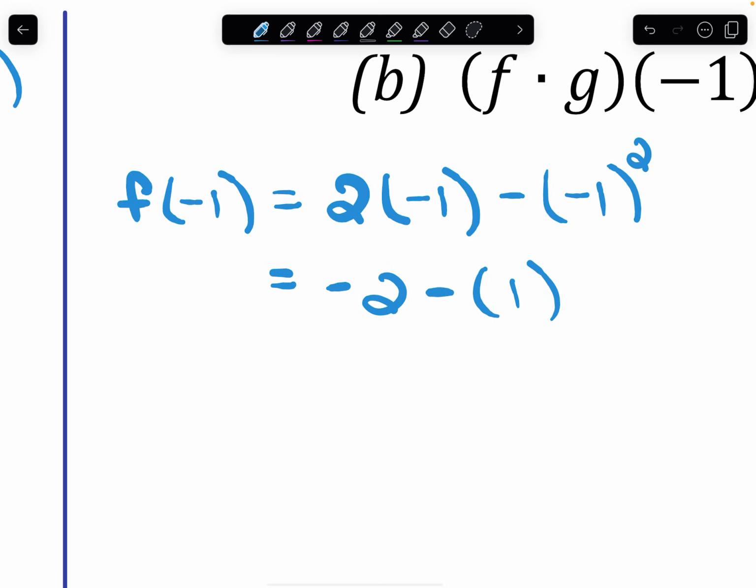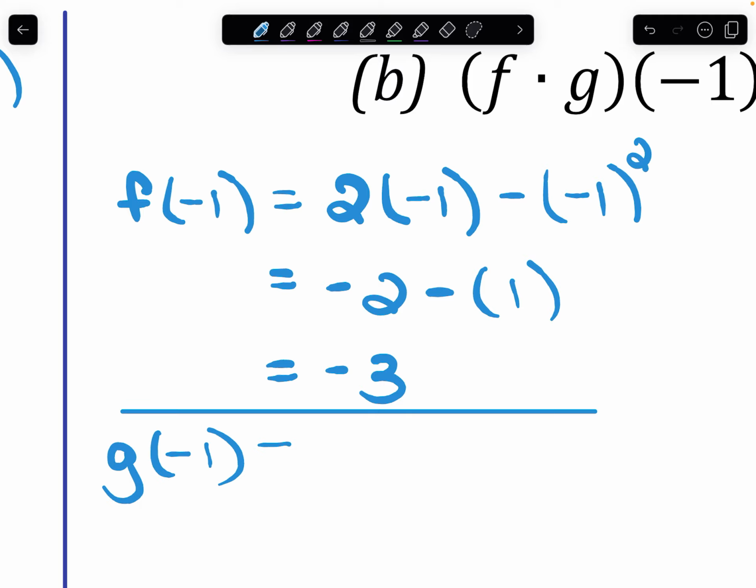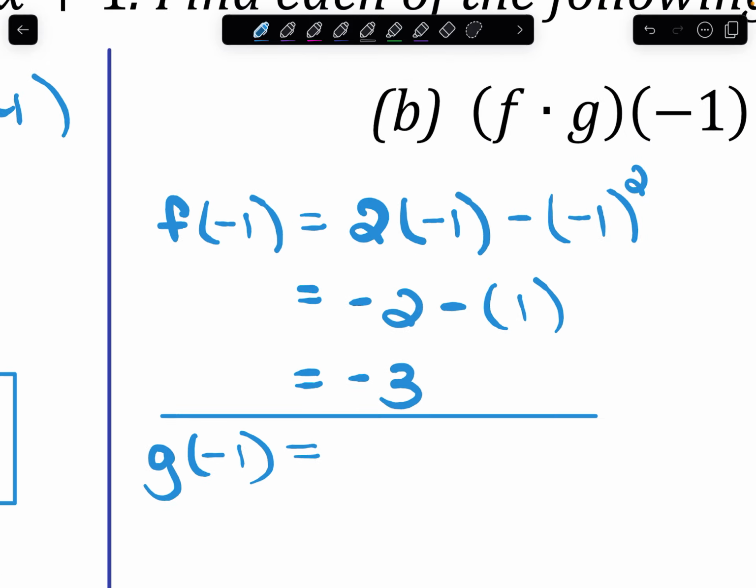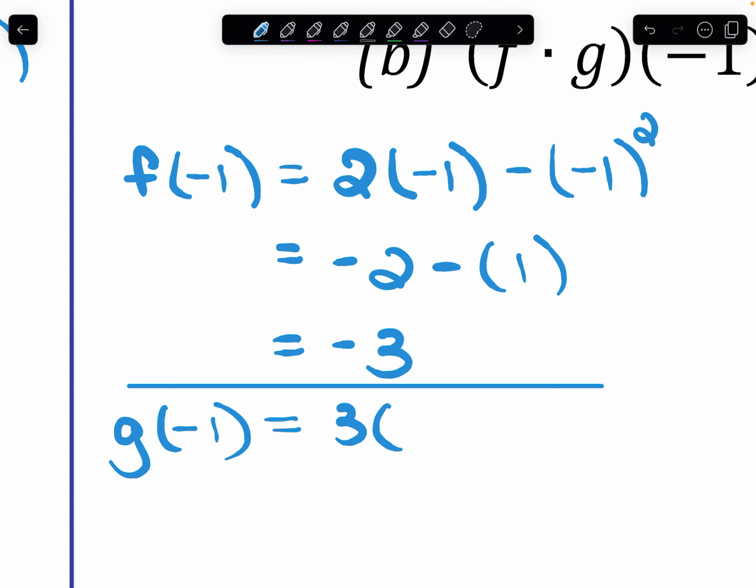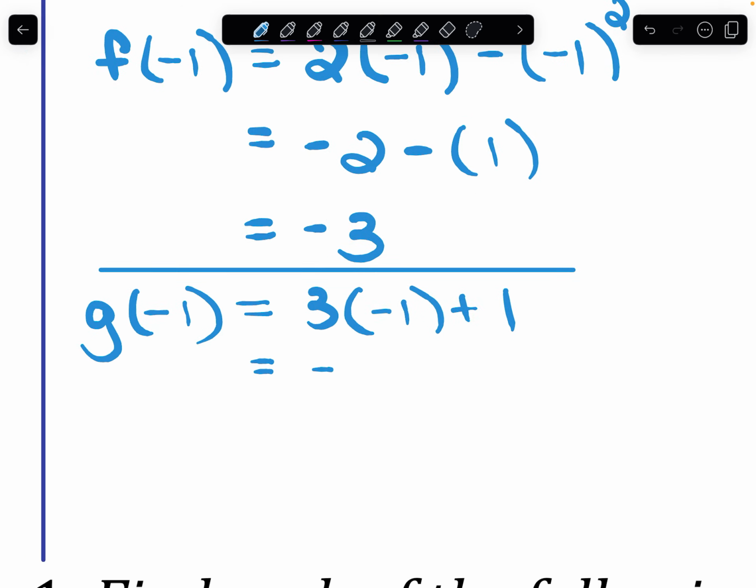So then we have negative 2 minus 1, negative 3. For g of negative 1, g is 3x plus 1, so 3 times negative 1 plus 1 is negative 3 plus 1, which is negative 2.